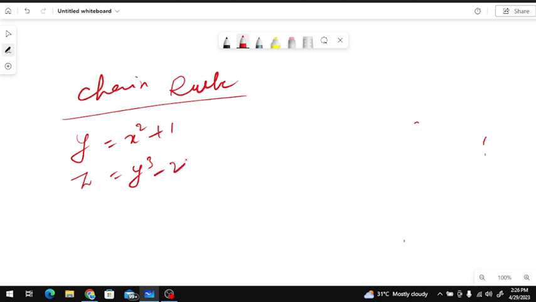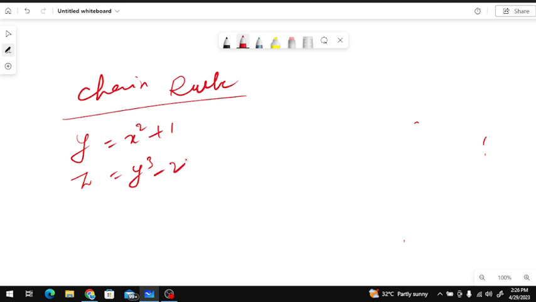So let's learn the chain rule with a simple algebraic example. Notice that these two functions are linked because y is the output variable in the first function but the input variable in the second function. This means we can substitute the first function's y into the second function z like this.